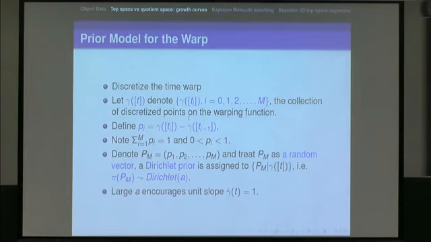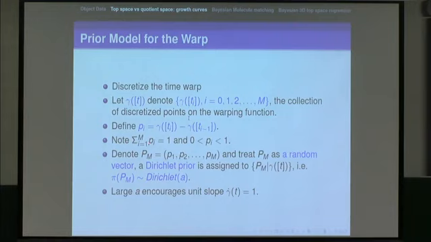And then for the warping function, which is a parameter that I also want to do inference about, I'm going to use the following model. It's a Dirichlet distribution for increments of the warping function. If you've got a finite set of points along a warping function and you look at successive differences, they will all add up to 1, and they will all be positive.